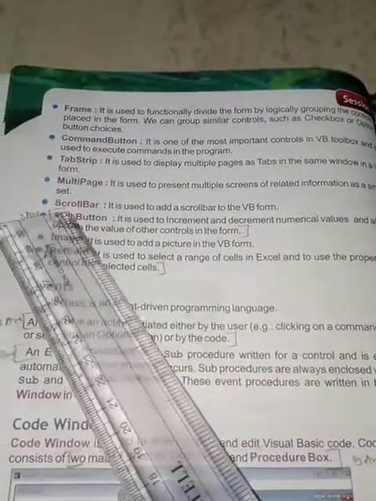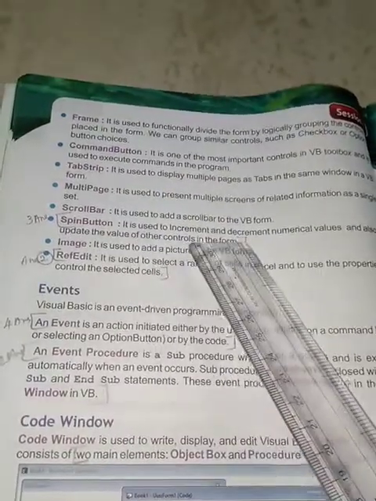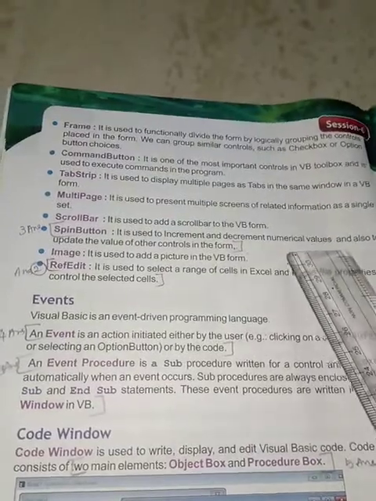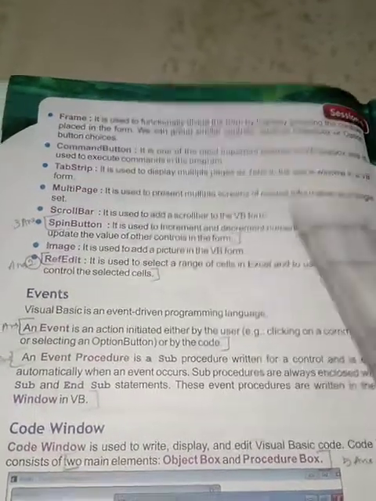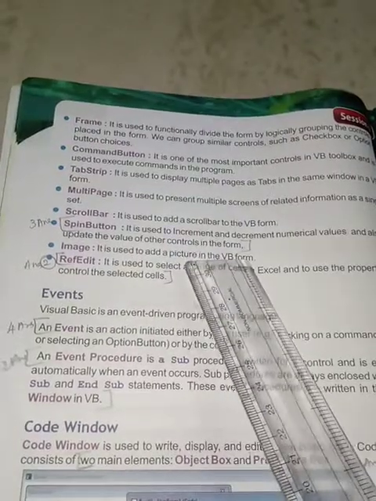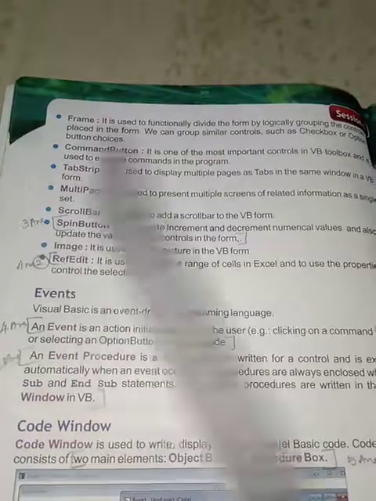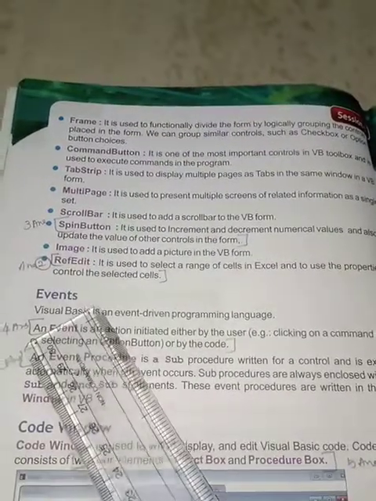Spin button. It is used to increment and decrement numerical values and also to update the value of other controls in the form. So this button is used to increment or decrement the values.